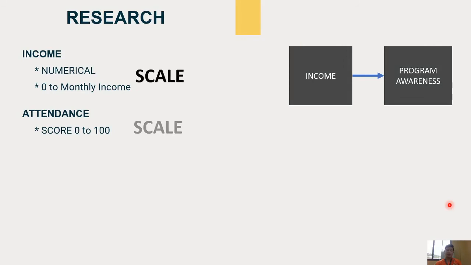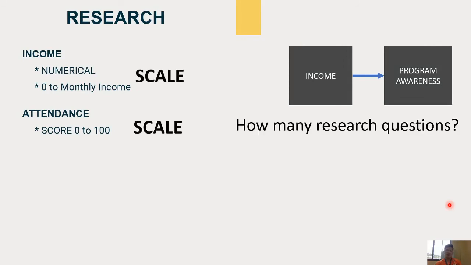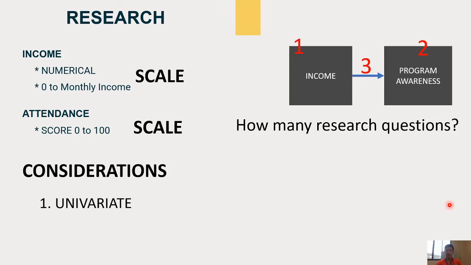So let's apply the considerations that we have discussed earlier. In applying the considerations, number one is what is the number of dependent variables. How many dependent variables? We have only one dependent variable.